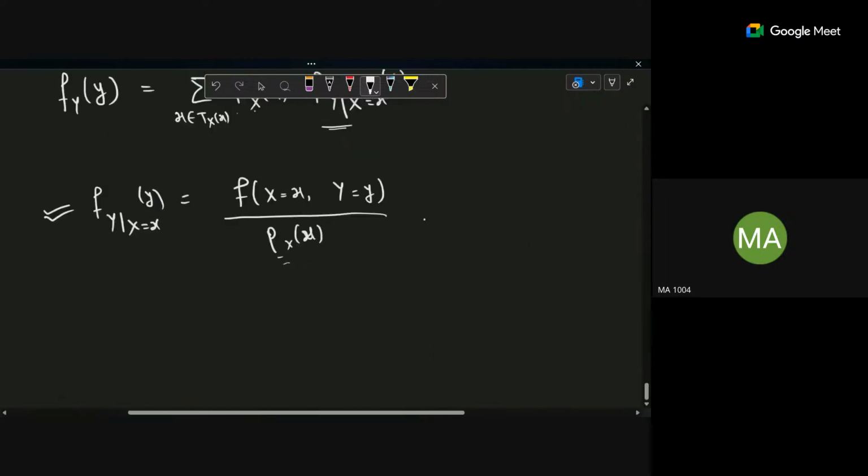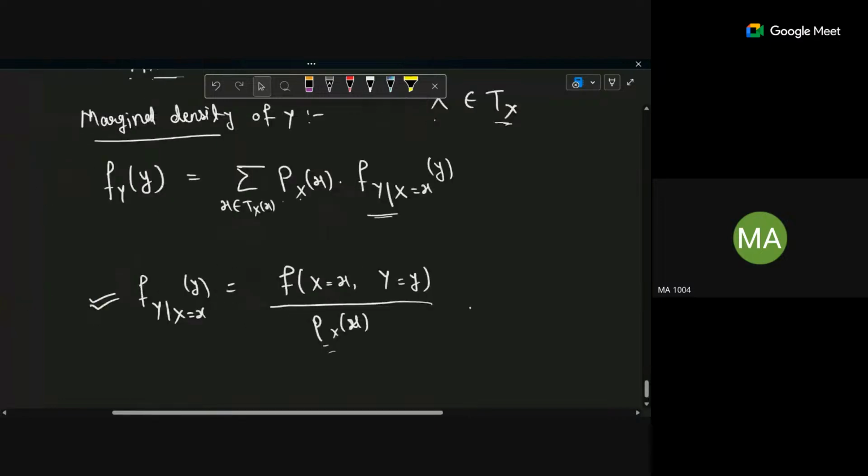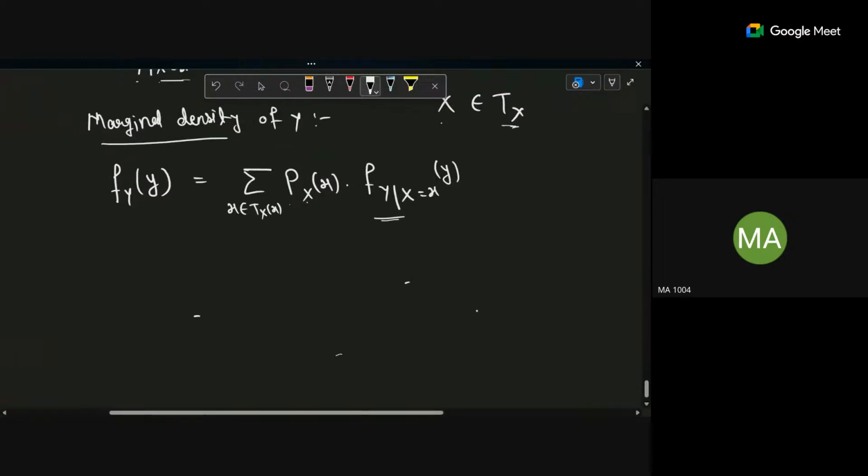Things are the same, but due to the continuous nature of the random variable, some notation gets changed. This is one way to remember what to multiply after px of x. So try to understand the concept instead of learning the formulas.